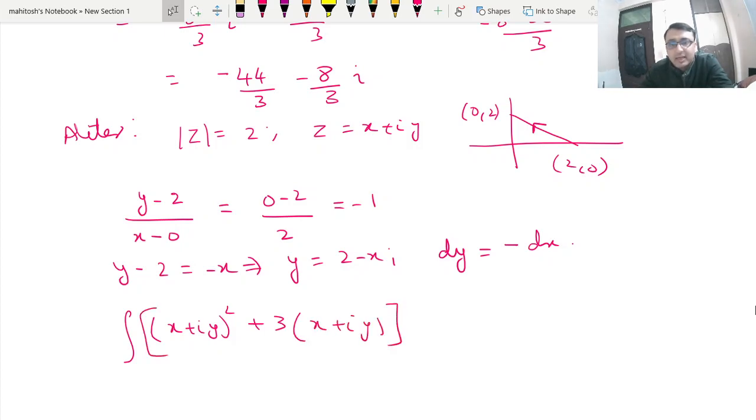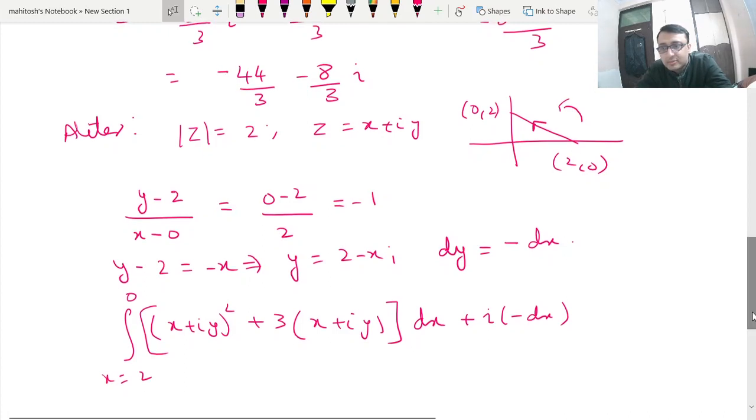And dz can be written as dx plus i dy, and dy is nothing but minus dx, and x runs from 2 to 0, as is evident, and it is running counterclockwise.